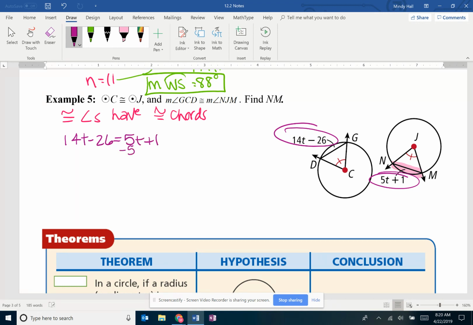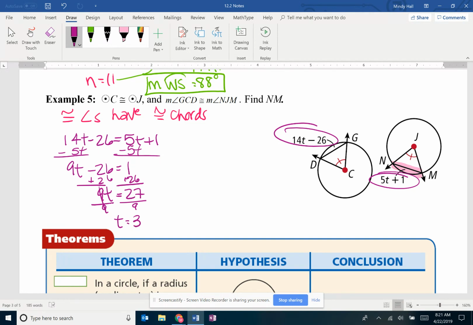So we would subtract the 5t first, which gives us 9t. And then we would add the 26. And when you add 26, you would have 9t equals 27. So then when we divide by 9, we get that t equals 3.